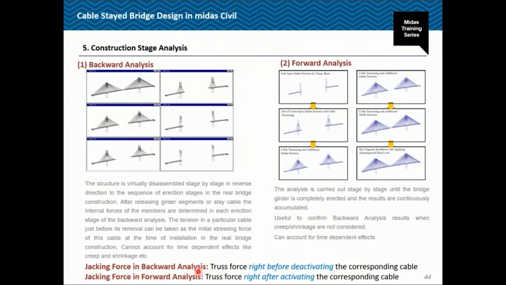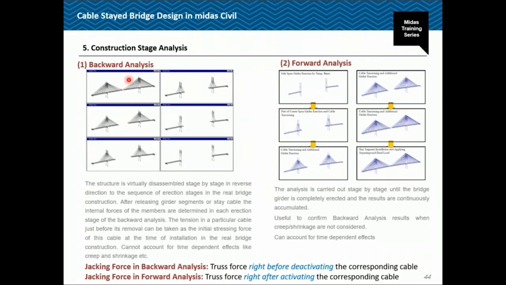The jacking force in backward analysis would be your truss force right before deactivating, because we are moving in a backward sequence, whereas the jacking force in a forward analysis would be your truss force right after activating. So that truss force you have to take as a jacking force.